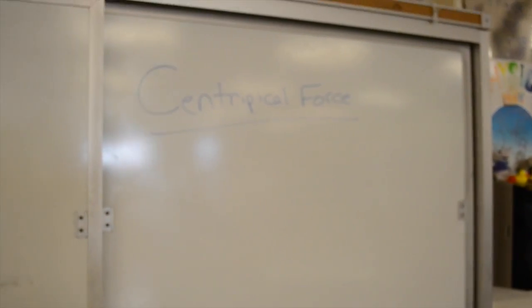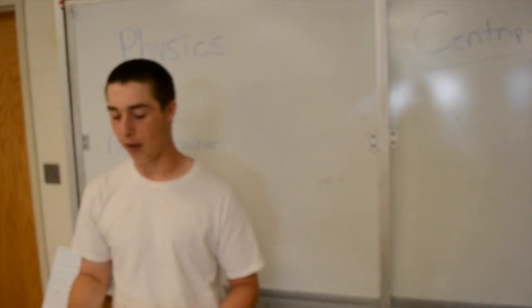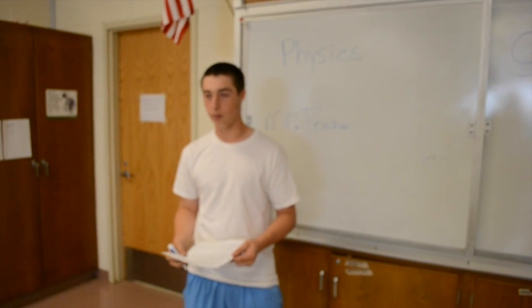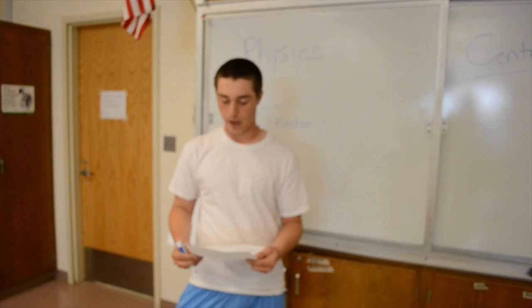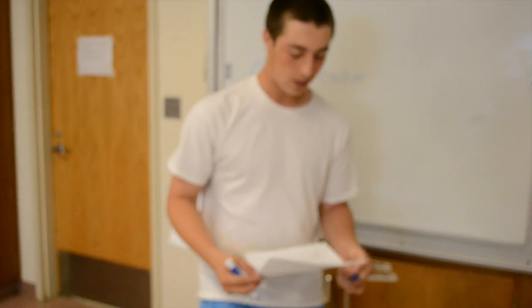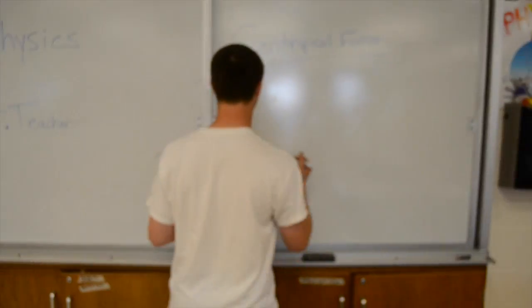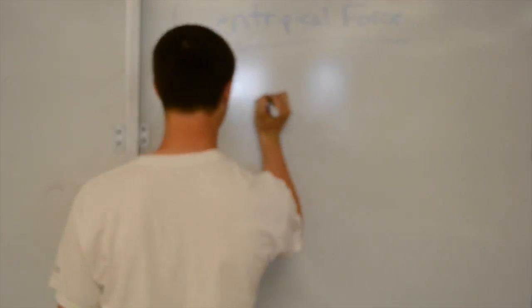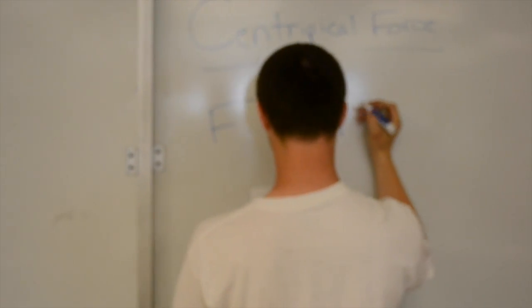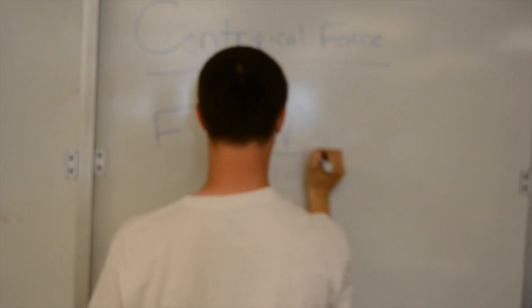Centrifugal force is a force that makes a body follow a curved path, and its direction is always orthogonal to the velocity of the body, toward the fixed point of the instantaneous center of curvature of the path. The object is also attracted to the middle. The equation for centrifugal force is force equals mass times velocity squared divided by r.